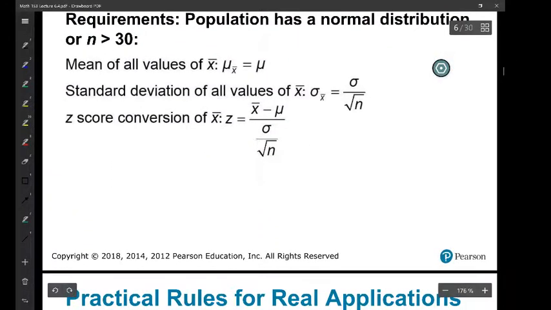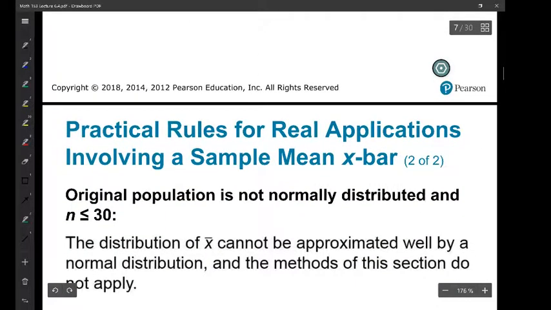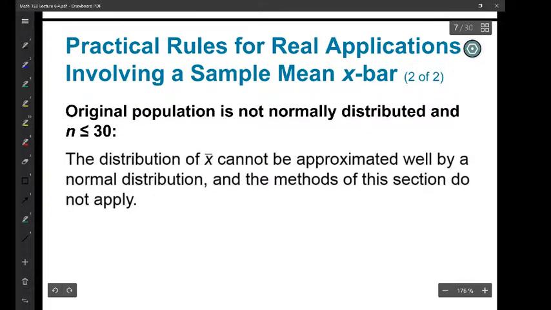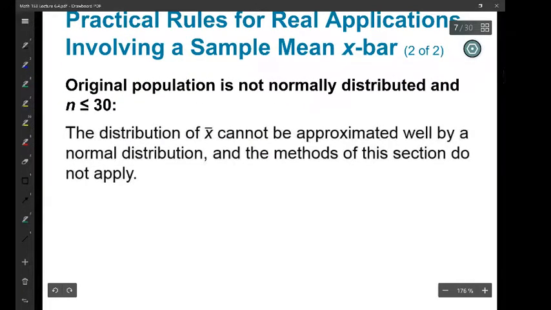Here's the formula for your z-score conversion. Now, if the original population is not normally distributed, then you cannot use the methods from this section.